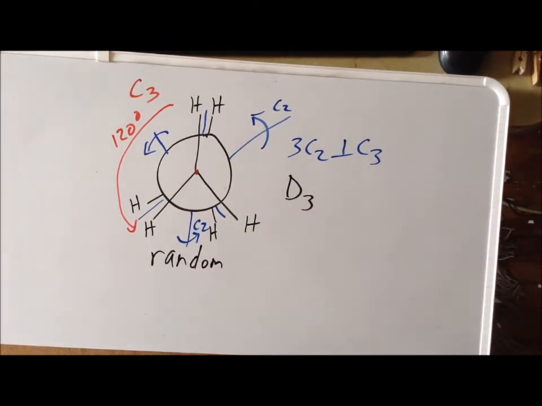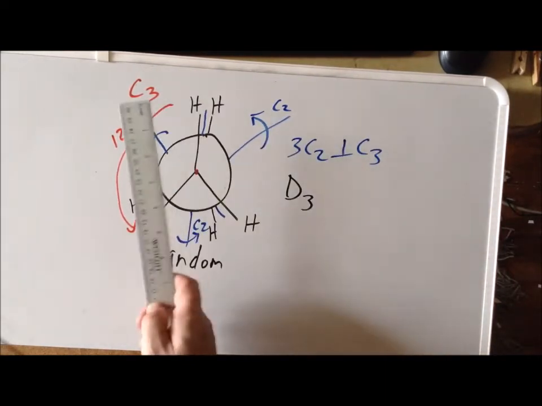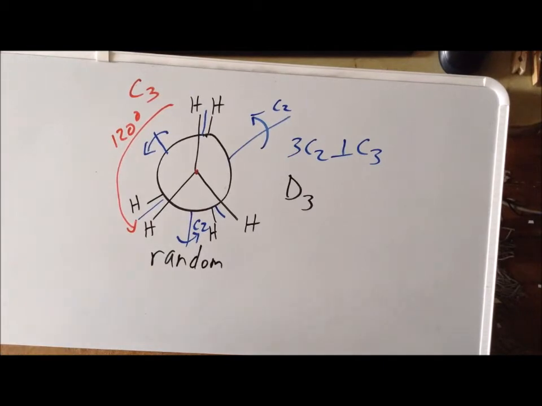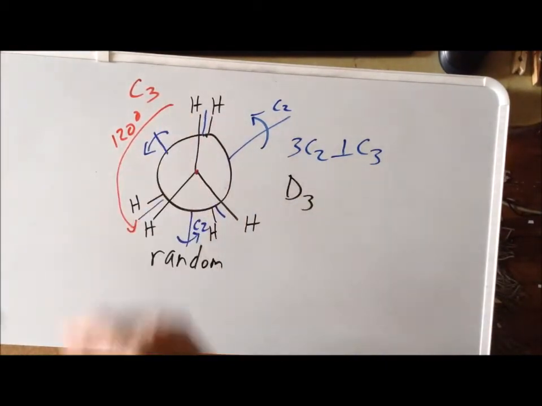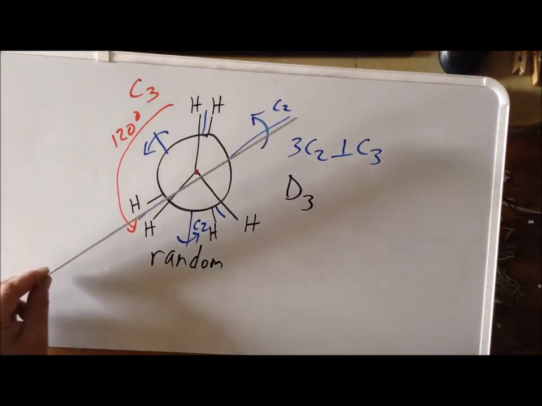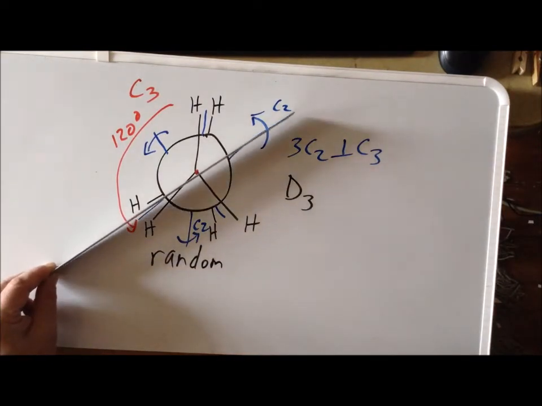We want to look for a mirror plane. If we look for a mirror plane in the plane of the board, it doesn't work because I notice that, for example, this hydrogen here doesn't have a hydrogen directly behind it that it reflects into. Then I want to look for something like a dihedral mirror, and I want to look for a mirror halfway between the hydrogens, the hydrogen in front and the hydrogen behind.